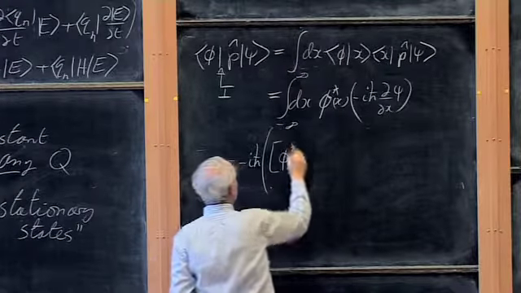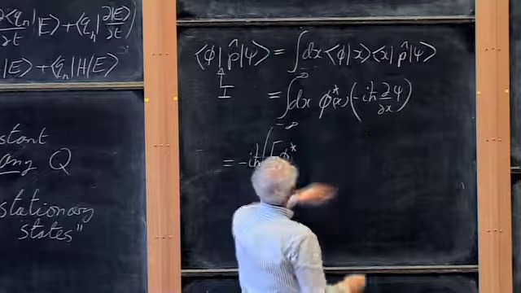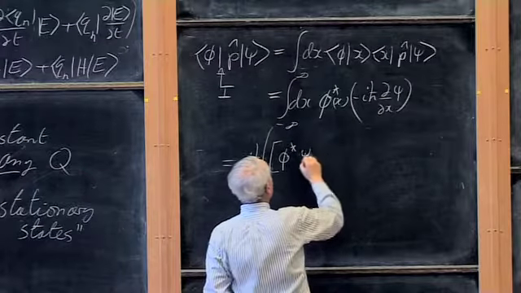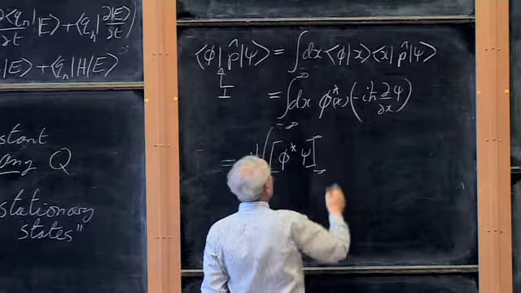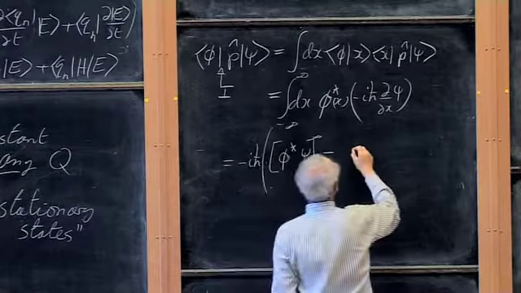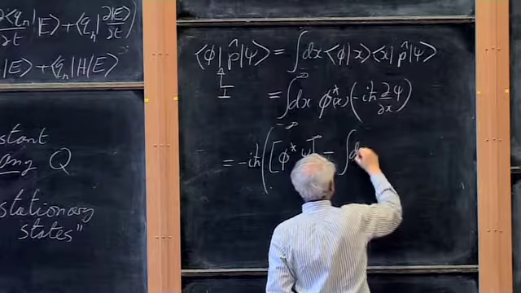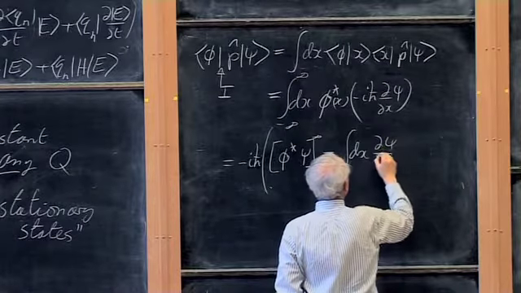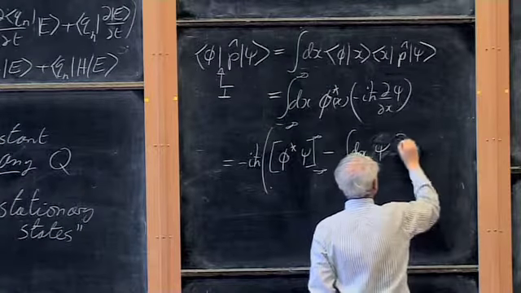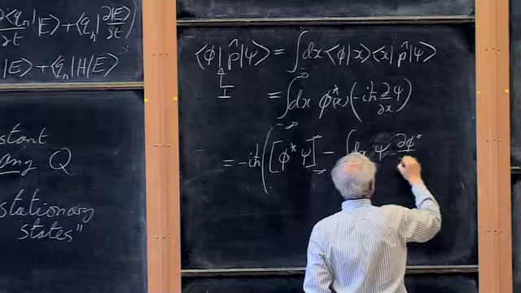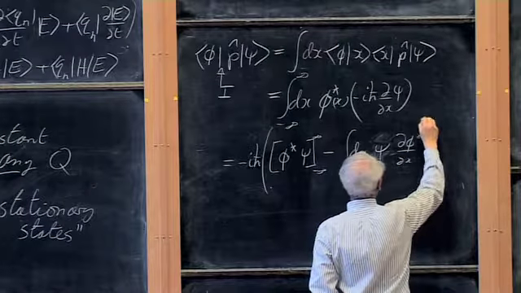We get a square bracket term, phi star psi, evaluated from minus infinity to infinity, and then minus the integral dx of psi d phi star by dx. Close the big bracket.